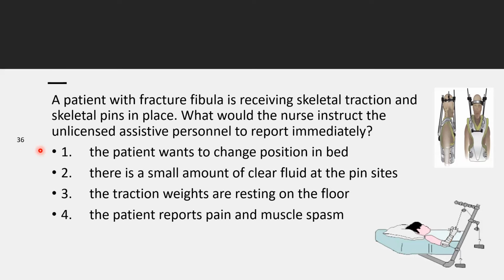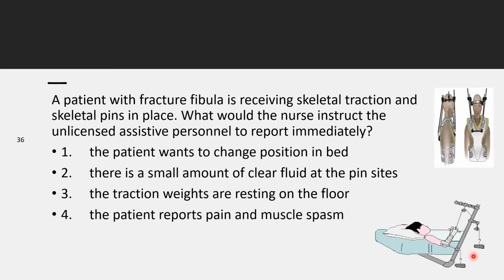Third is the traction weights are resting on the floor. Majority of you selected that. What is the problem in that? The weight should never touch the floor. When you apply weight to the patient's body, it has to always be away from the floor. That is what is wrong here.